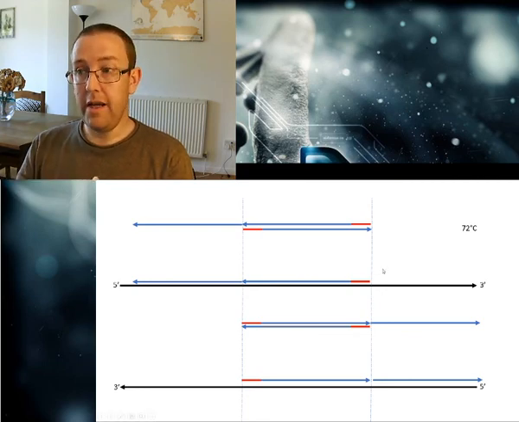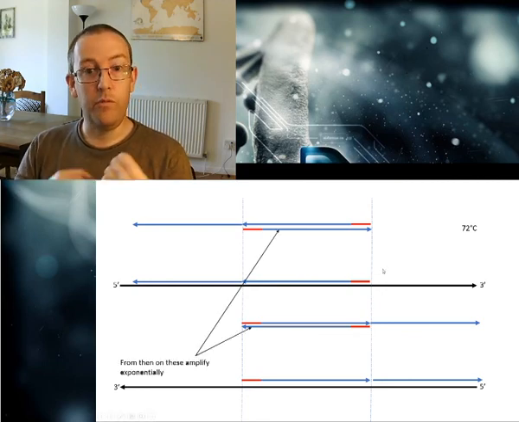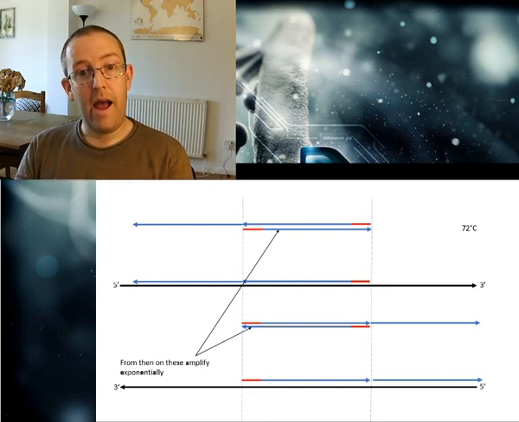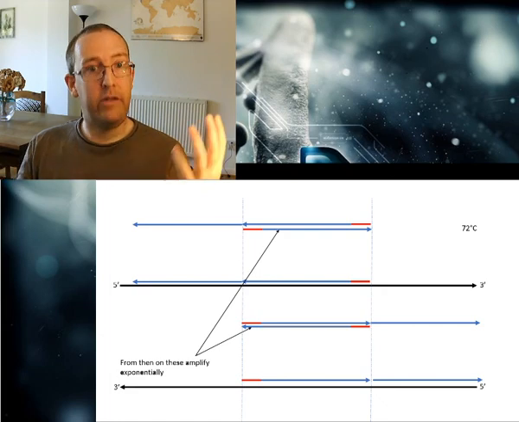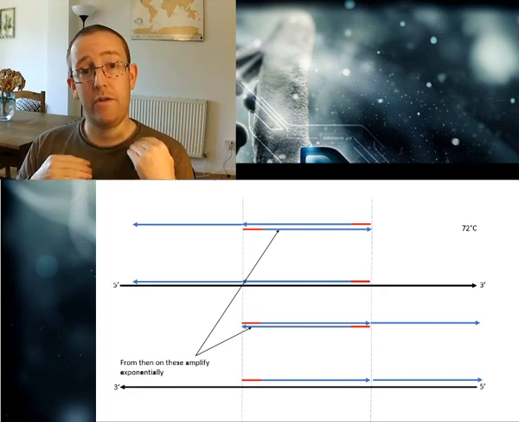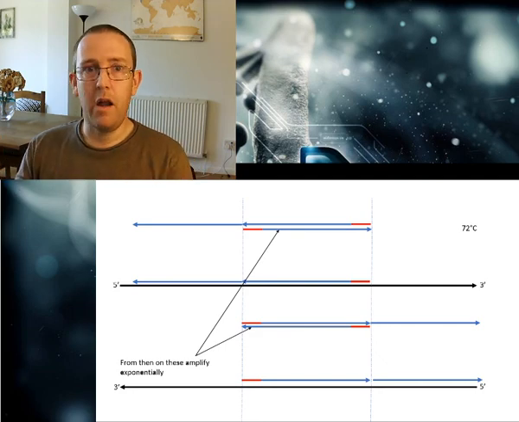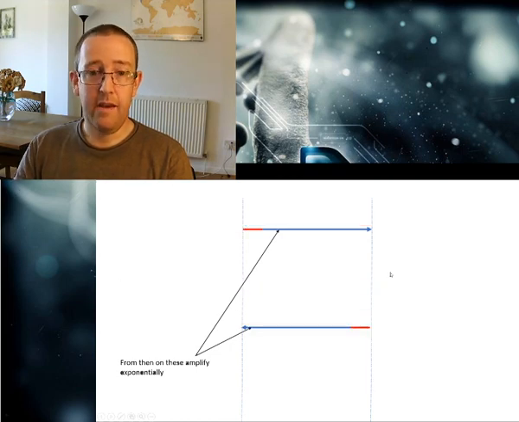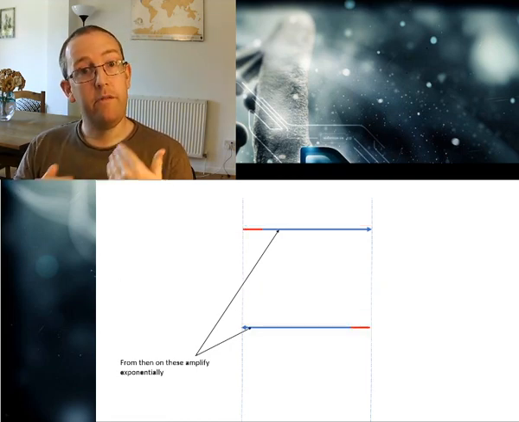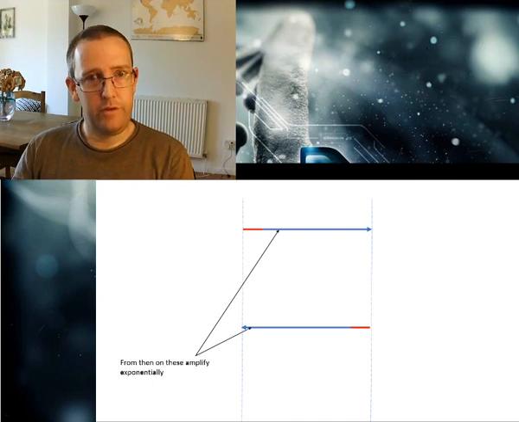Whereas the ones that are the right length amplify exponentially: 2, 4, 8, 16, 32. They amplify so much faster that essentially the long ones become a negligible contaminant after the first few generations. So it's those ones there that end up amplifying exponentially after the first generation.